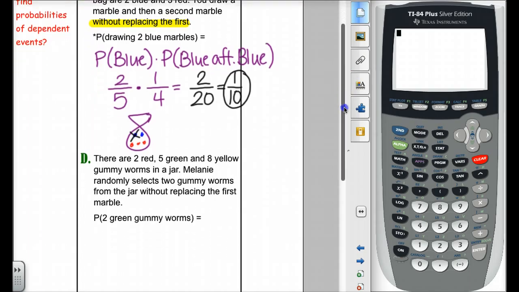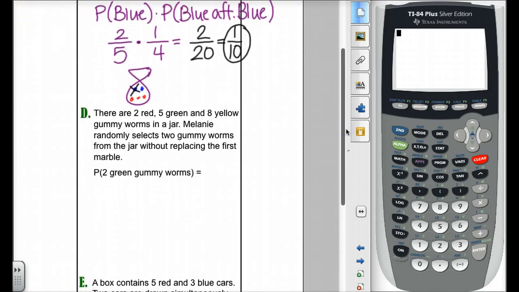Taking a look at our next example, we have 2 red, 5 green, and 8 yellow gummy worms in a jar. If it helps you to draw a picture, here's my jar, and I've got 2 red, 5 green, and 8 yellow.